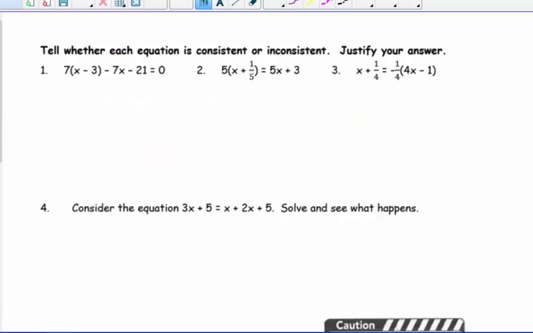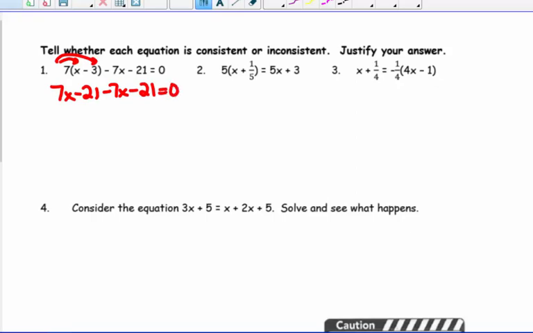Next page. Tell whether each equation is consistent or inconsistent. Justify your answer. I have 7 times the quantity x, 7x, 7 times negative 3, negative 21, minus 7x minus 21 equals 0.